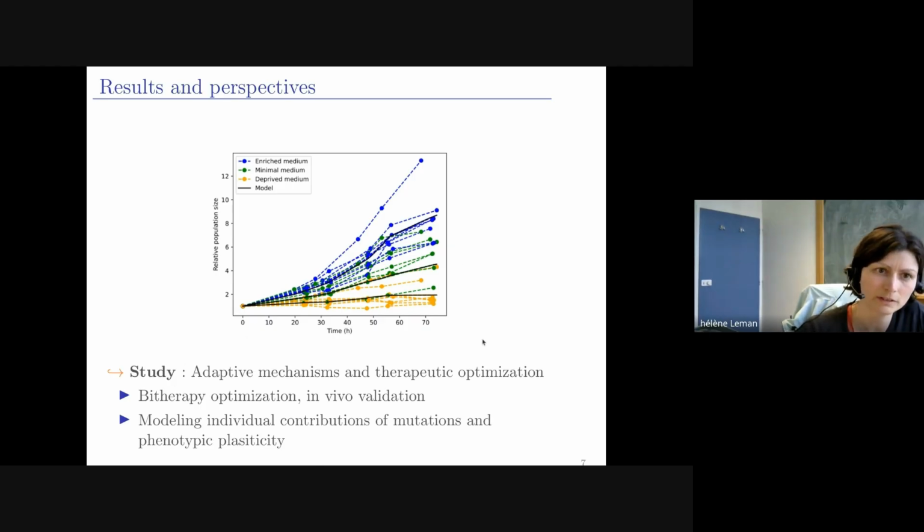So now we are using these models and their parameterizations to compute and optimize alternating treatments.